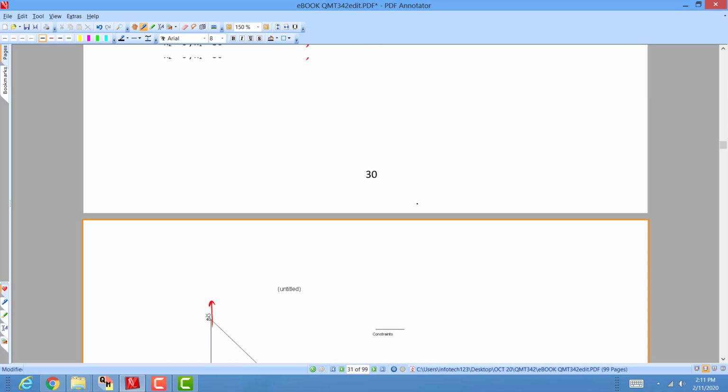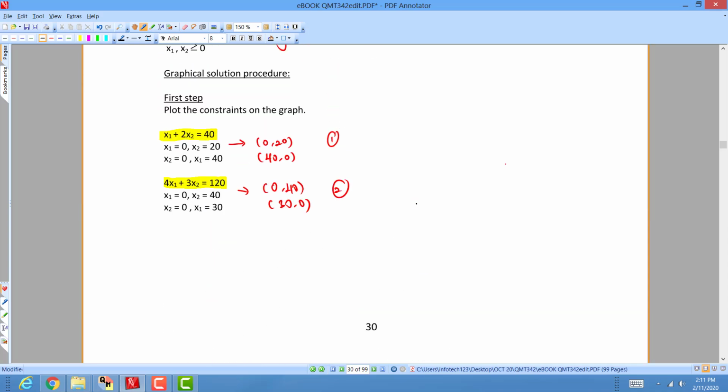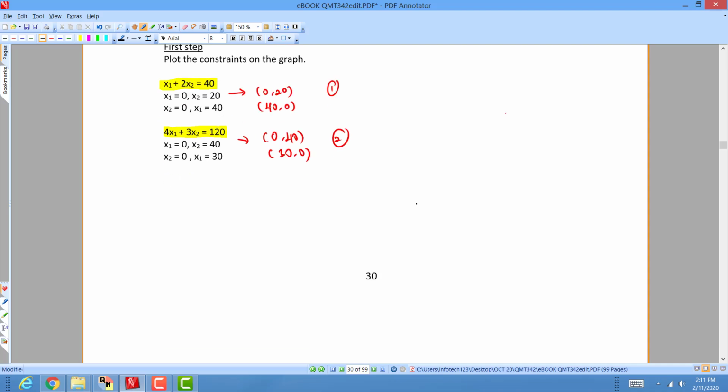Second line is for the second constraint or second equation here, 4x1 plus 3x2 equal to 120.